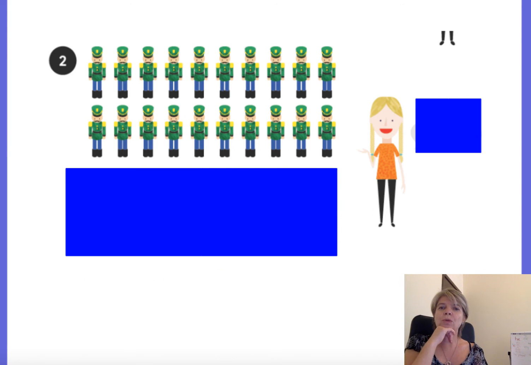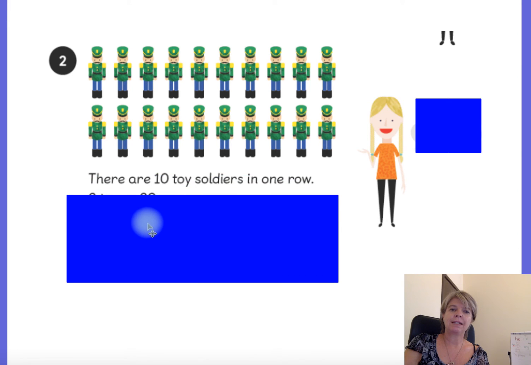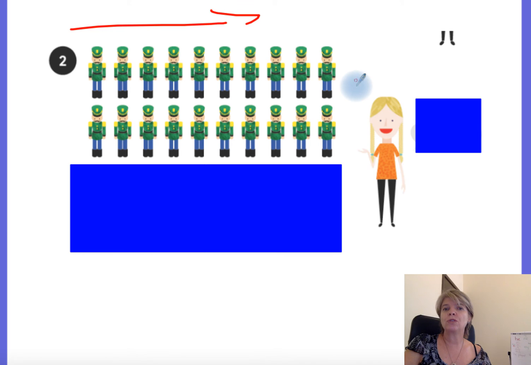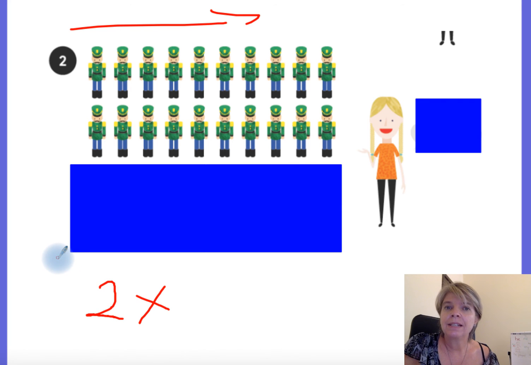Let's have a look at the soldiers. How many rows can we see? How many rows are there? Remember, the rows go this way. That's right, there's 2 rows. How many soldiers in the row? Let's count. 1, 2, 3, 4, 5, 6, 7, 8, 9, 10.